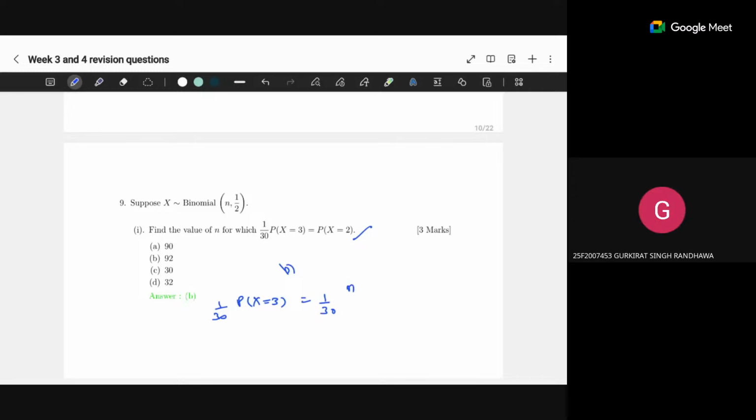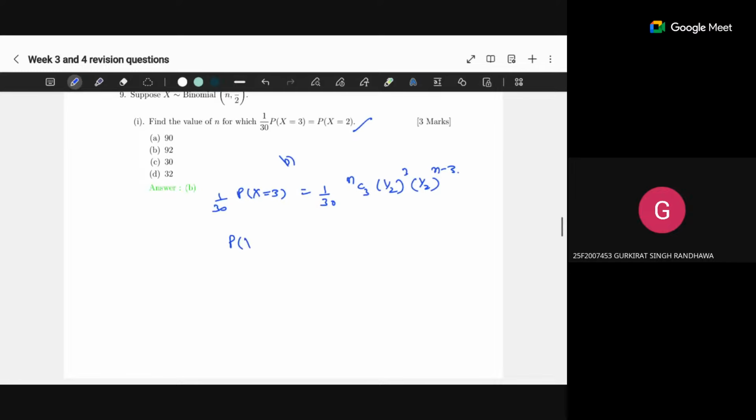It is nC3 (1 by 2) to the power 3 times (1 by 2) to the power n minus 3, correct? And what is probability of x equals 2? It is basically nC2 (1 by 2) to the power 2 times (1 by 2) to the power n minus 2. So you just have to equate this value.